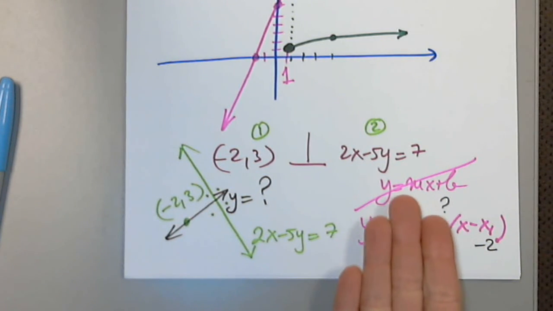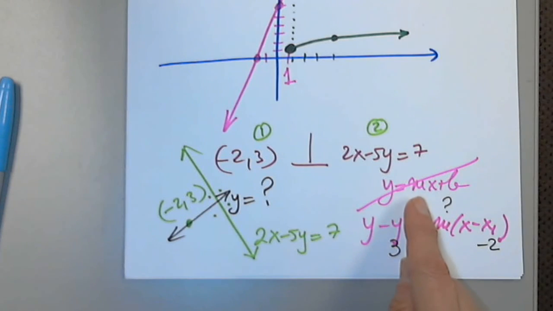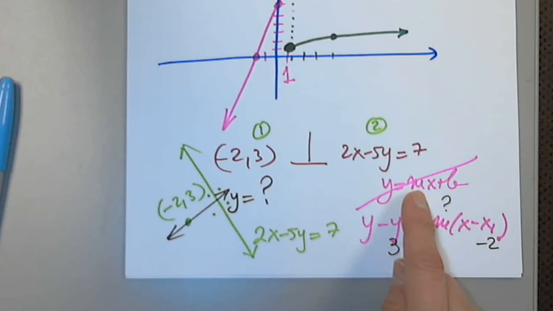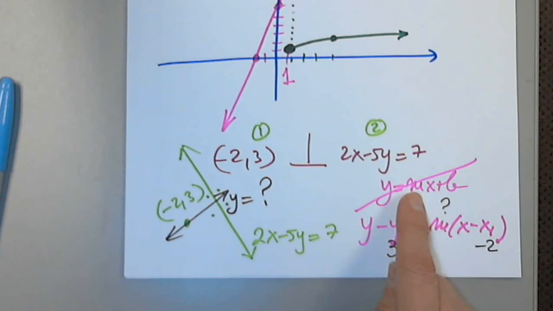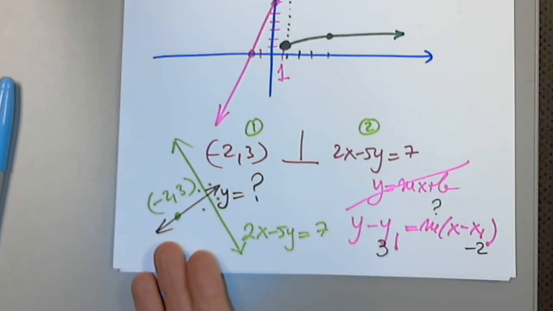I have to solve for y. If I solve for y and I put it in this format, then the slope, or the number in front of x, the coefficient of x, will be the slope of the green line. If I have the slope of the green line, indirectly I determine the slope of the unknown line.